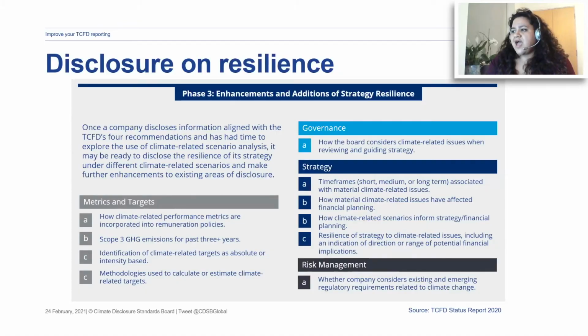So you could almost call this your scenario analysis section. And this is where we go into a lot more detail about the forward-looking information from the company. We look at scenario analysis and summarize what resilience means, whether your company is resilient to future scenarios.